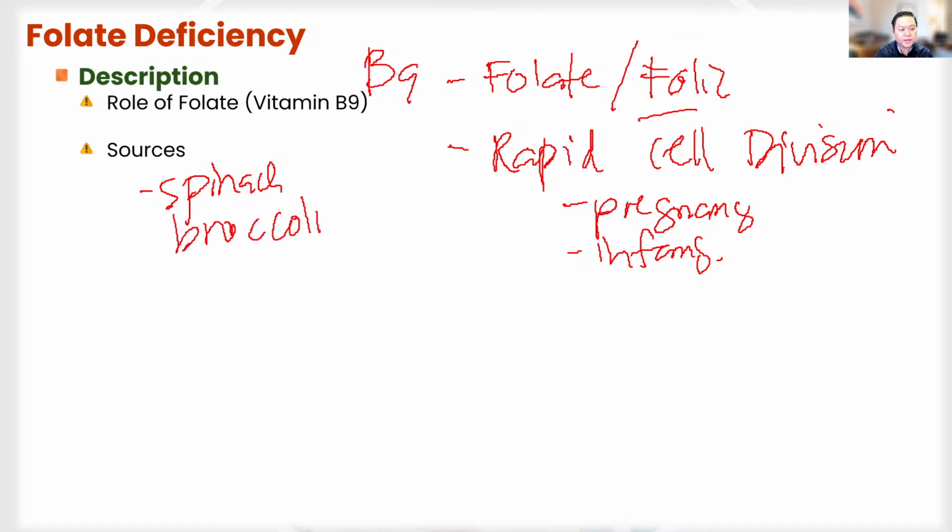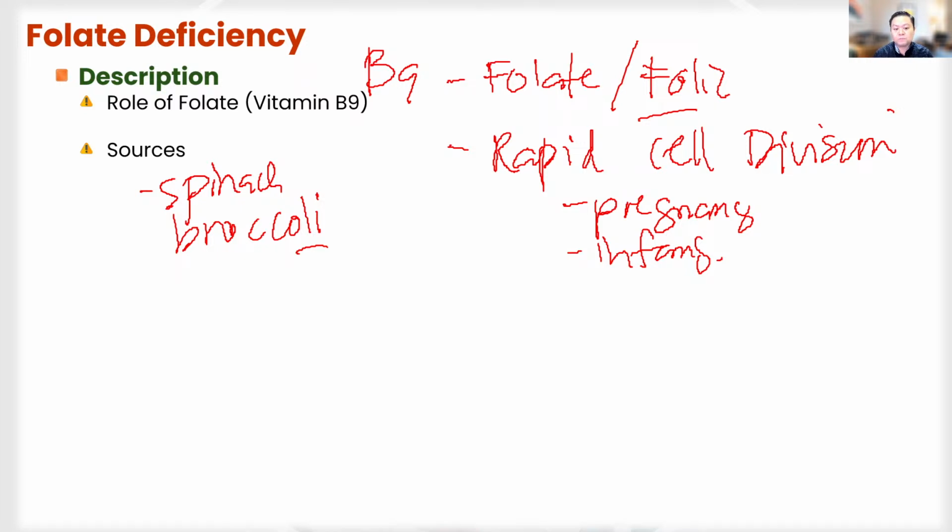So they are rich in vitamin B9. And also we can get the fortified forms of other food items. And of course, there's also that synthetic type of folate that is going to be found in some cereals and bread.